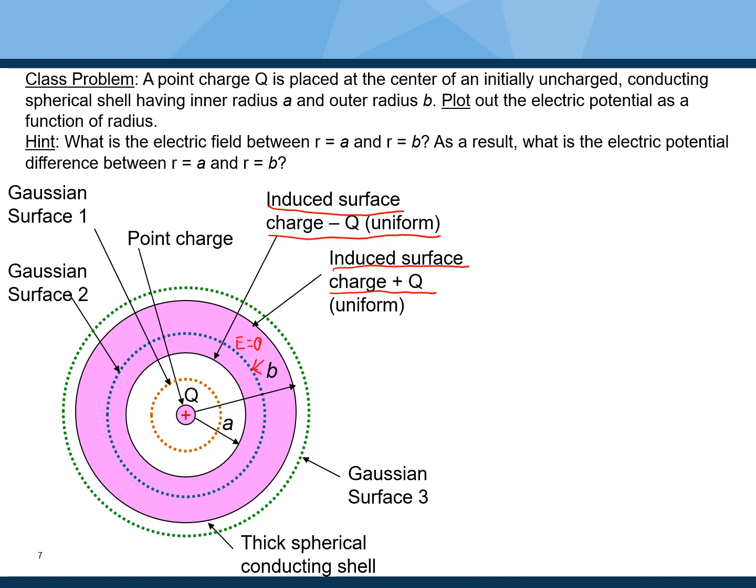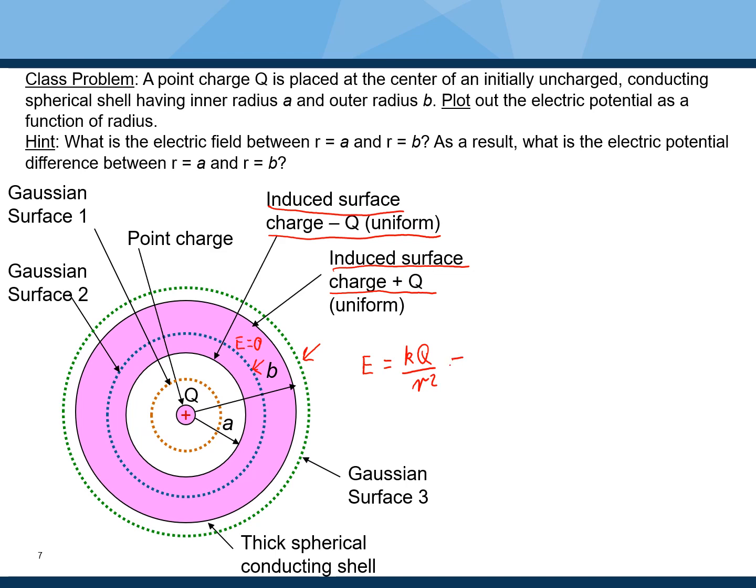We can also draw this green closed Gaussian surface and come to the conclusion that the total charge inside is just plus q minus q plus q, which is actually just q itself. And therefore, in the exterior region, we still have the electric field being equal to kq over r squared.